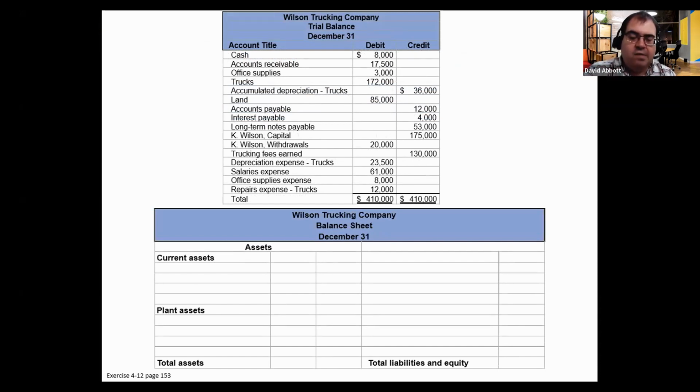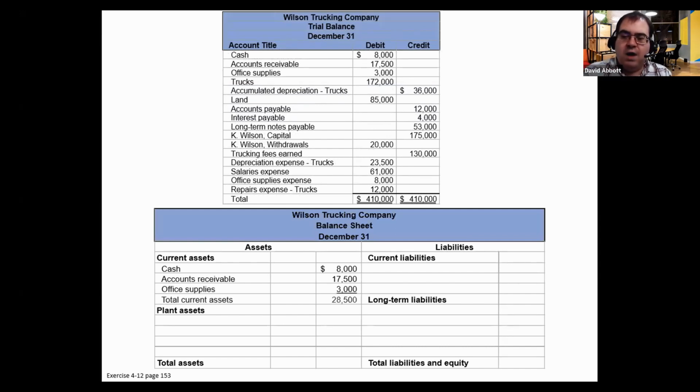We have current assets, and what are called plant assets, and then liabilities: current liabilities and long-term liabilities. So cash is a current asset, accounts receivable is a current asset, office supplies is a current asset. So total current assets of $28,500. Plant assets would be trucks of $172,000, and then the accumulated depreciation of $36,000.